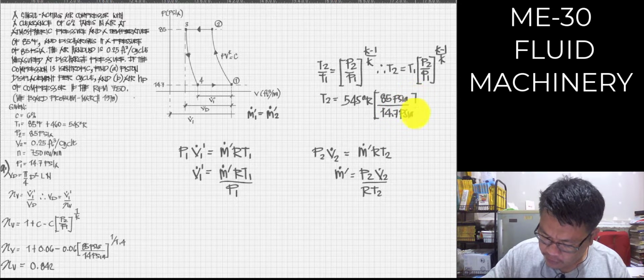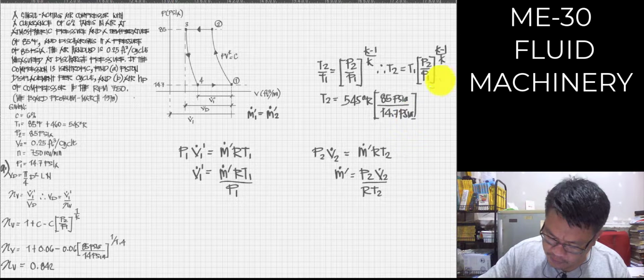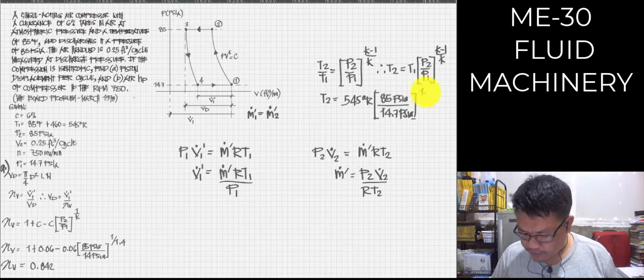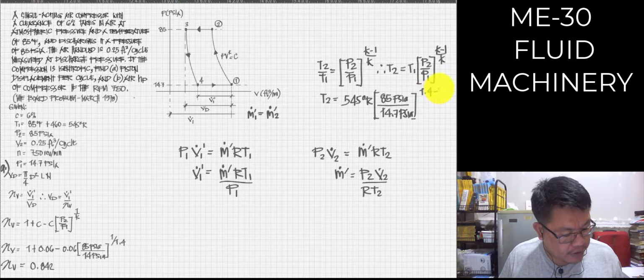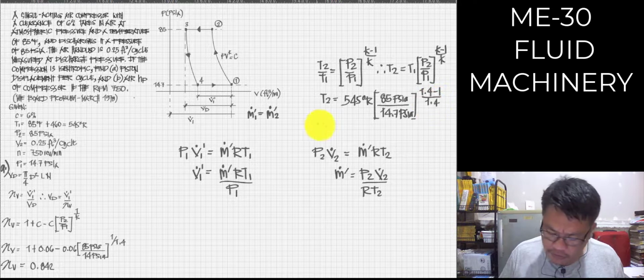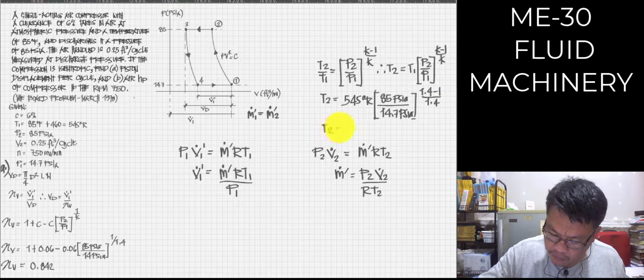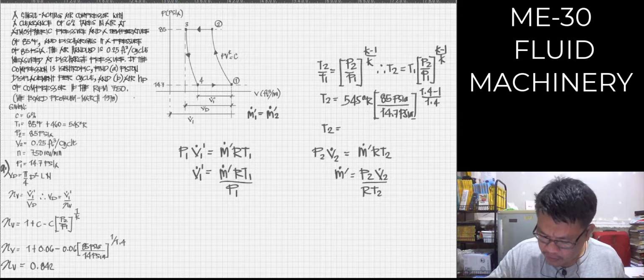Then raise this to 1.4, the value of K for air, minus 1, divided by 1.4. Then finally, using your calculator, we get 899.78, so we can say this is now equal to 900 degrees Rankine. Let's round off the values here.